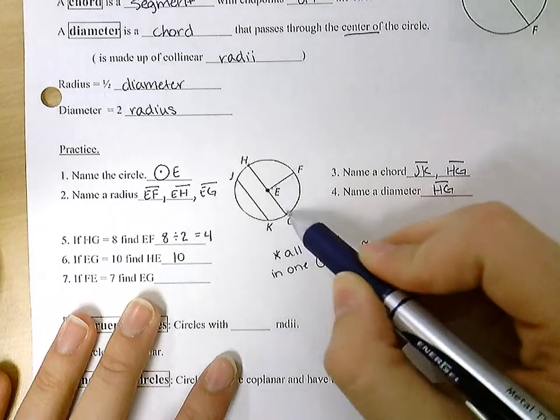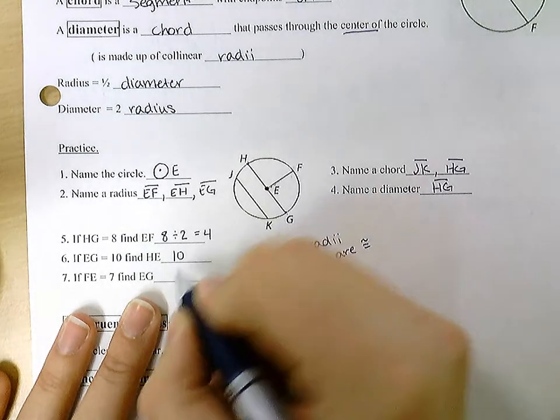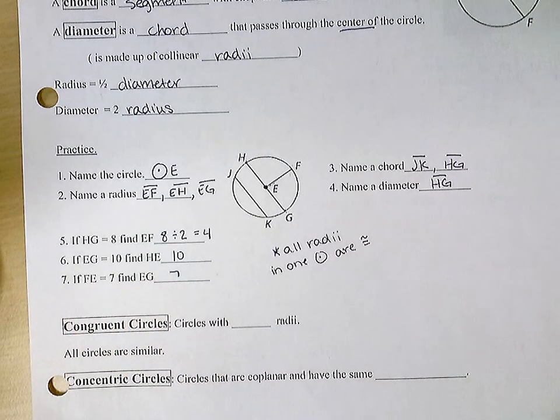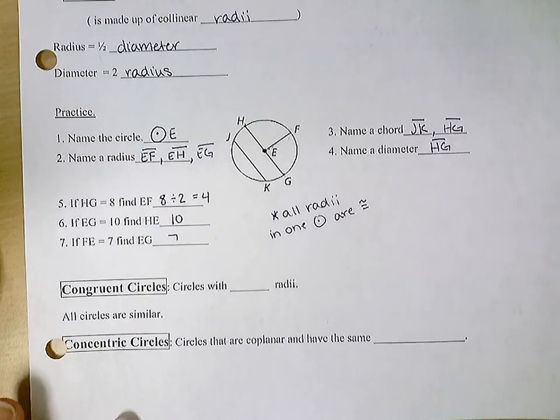Then EG would be, it's very quiet this morning, 7. Those radii, again, are congruent. Any questions on 1 through 7?